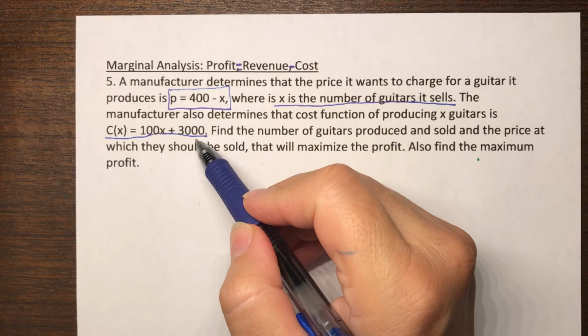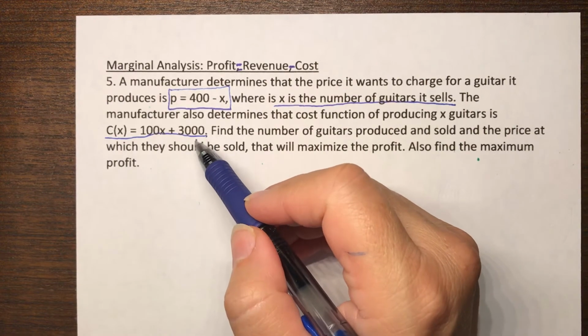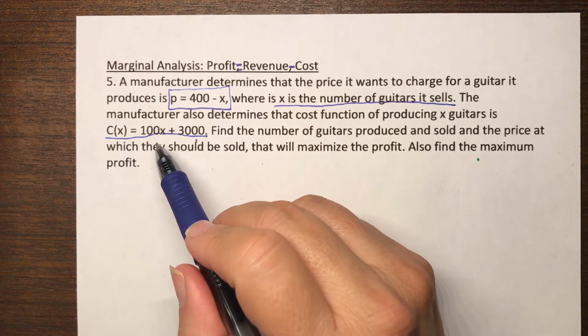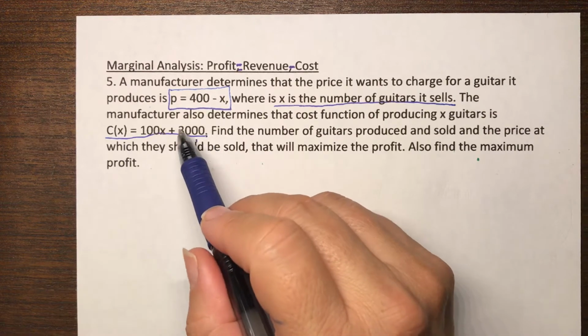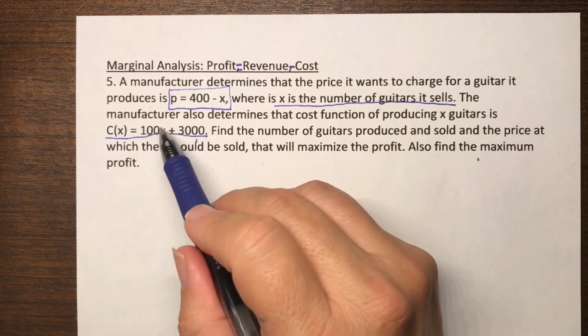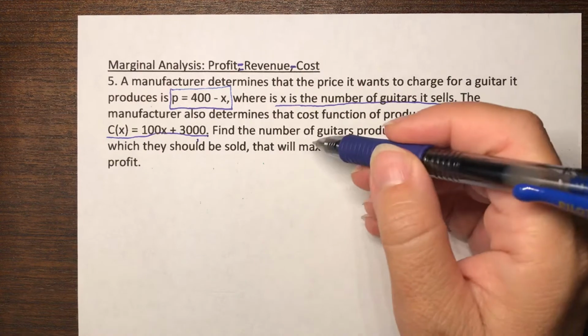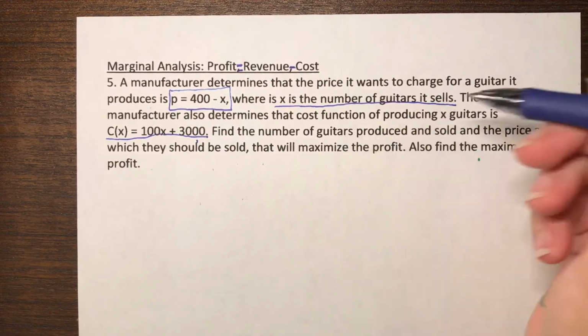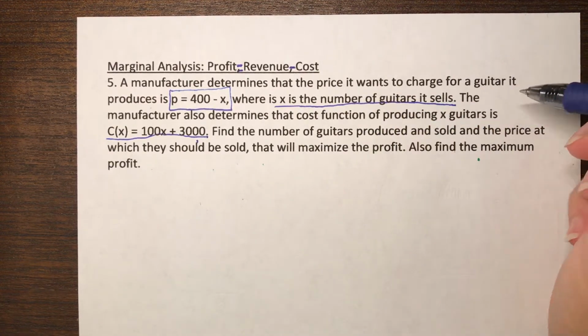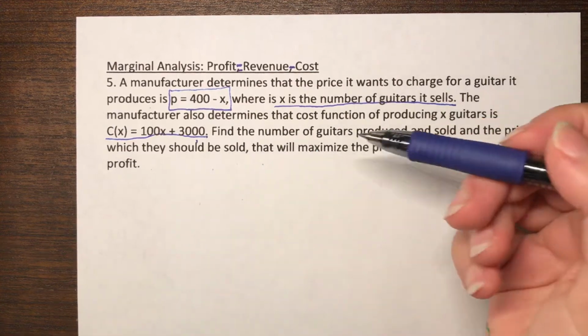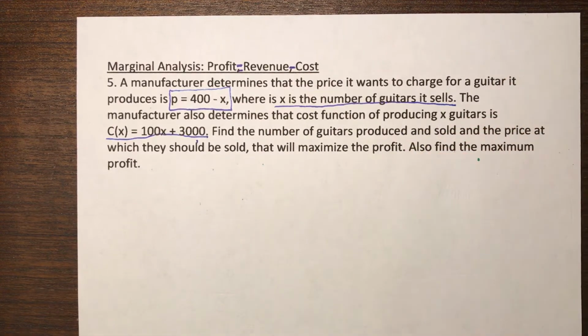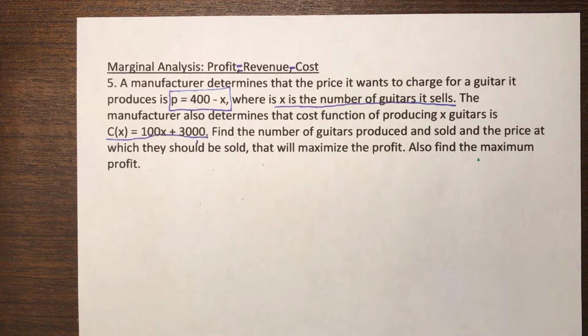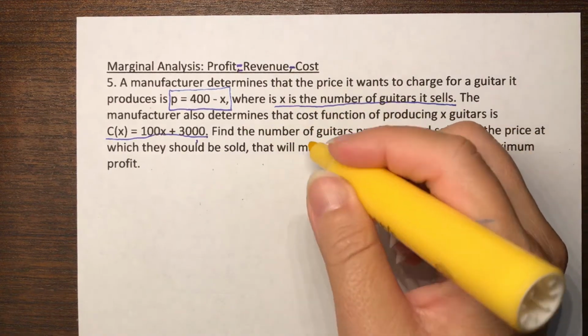So in other words, there's a $3,000 fixed cost and there's a $100 cost per guitar. Remember we talked about fixed costs and variable costs. Okay. So find the number of guitars, in other words X, produced and sold, and the price at which they should be sold to maximize the profit. So that's what we want to do, maximize the profit.